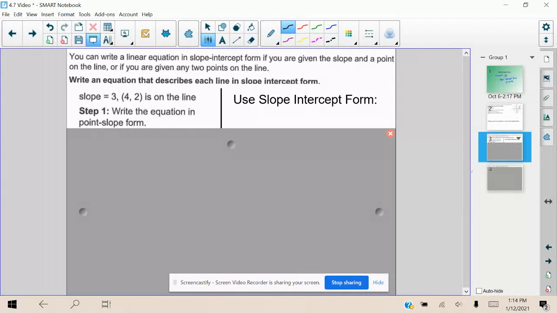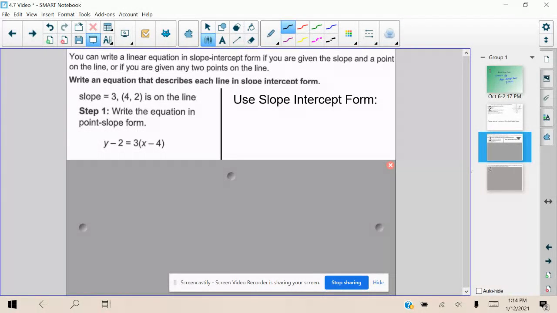Now, you don't necessarily have point slope form written down in your notes, but you should be writing this down: y minus y1 is equal to m, which is your slope, times x minus x1.